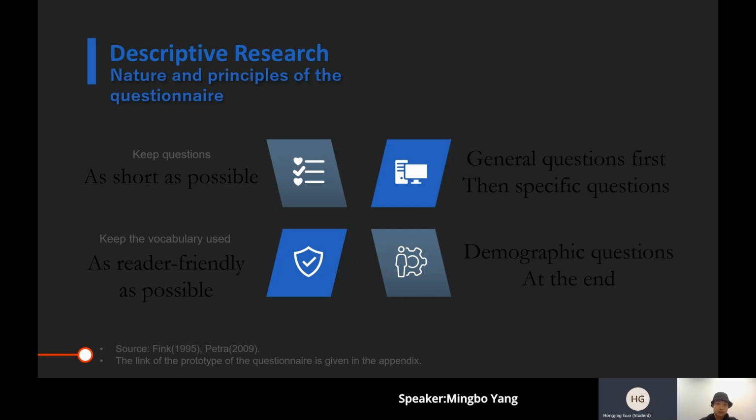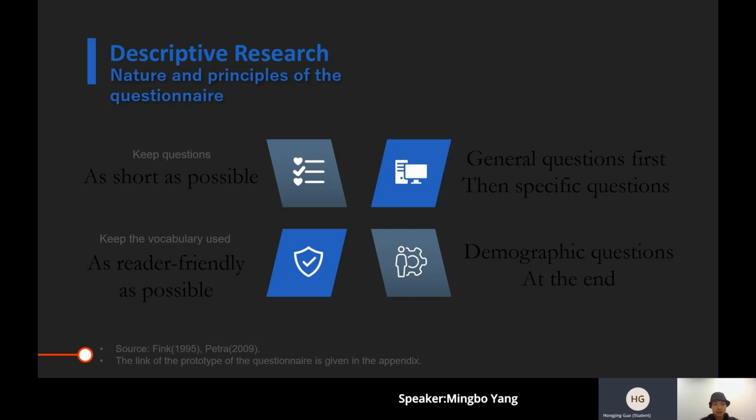The third point: put general questions before specific questions to avoid a low finish rate and ensure fidelity. And the last point: put demographic questions at the end of the questionnaire to avoid antipathy when the respondents begin to answer. This will indirectly improve the response rate.